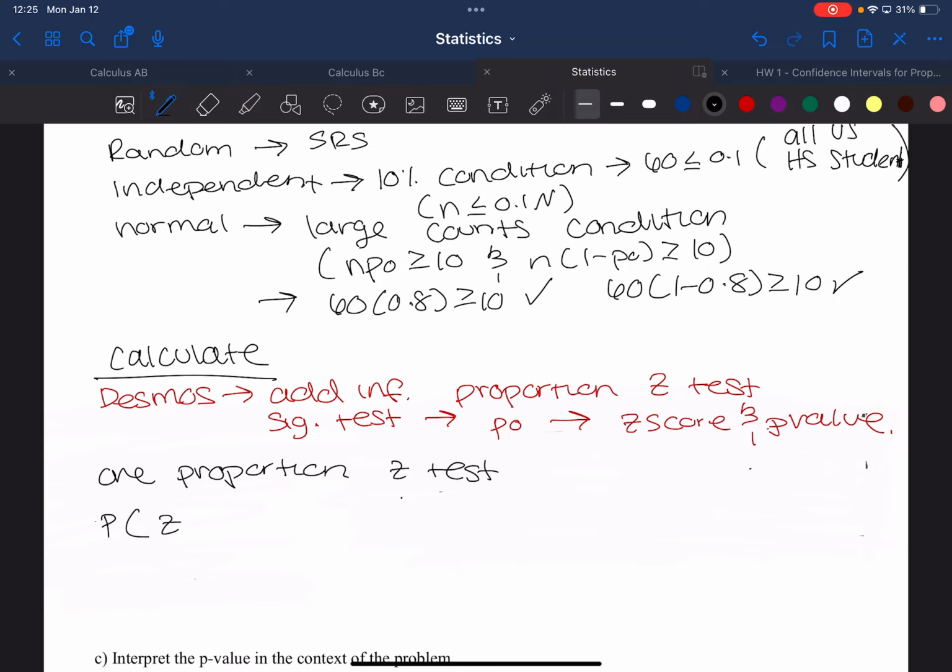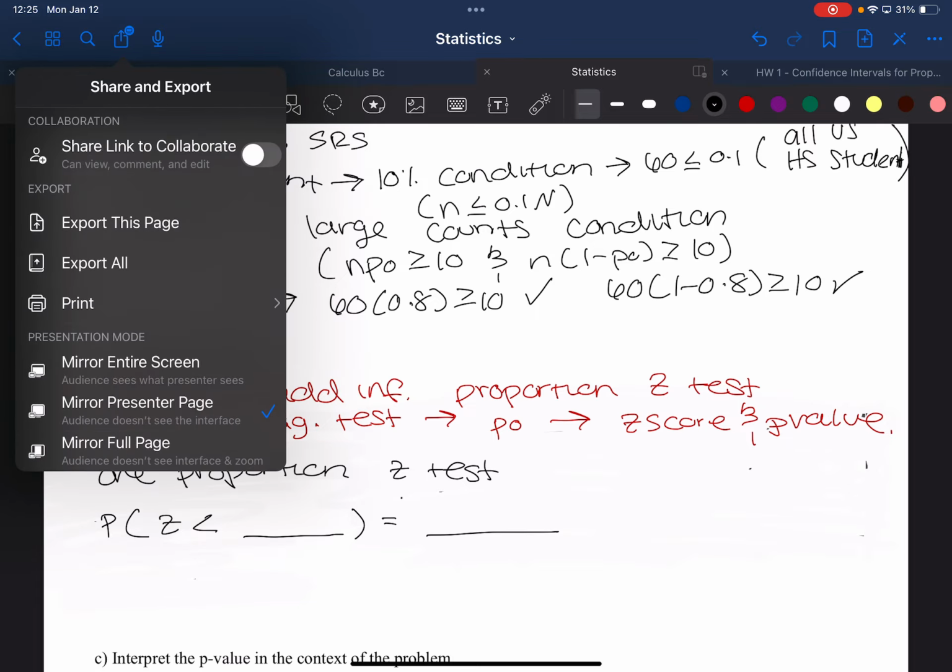My alternative hypothesis used what inequality? Less than. So I'm going to use Desmos to find that z value, and this is going to be equal to my p-value. All of that's going to be on Desmos. I will not have to use any of the formulas. Okay, so let's go ahead and show that.